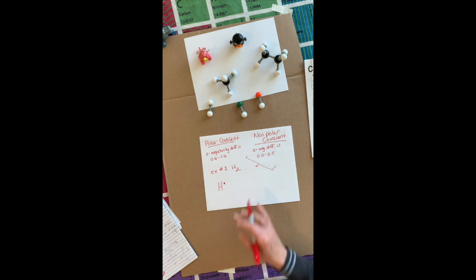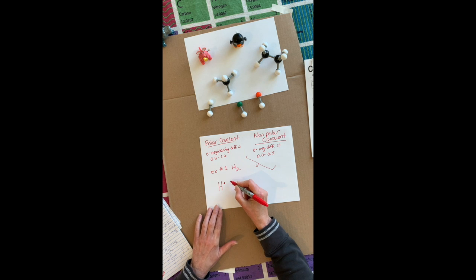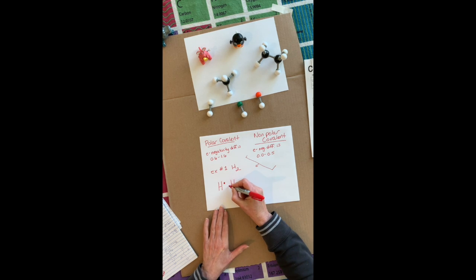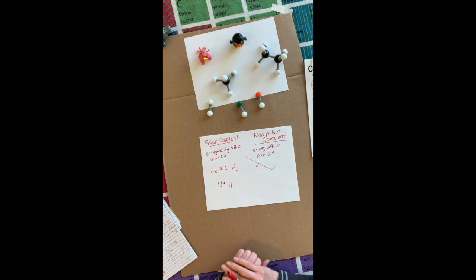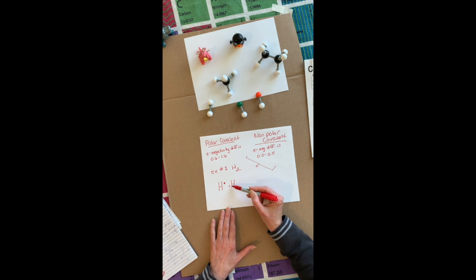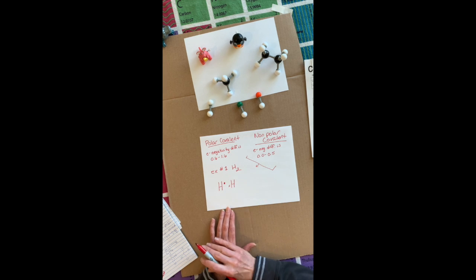Now, we have 2 hydrogen atoms involved in this bonding. So I'm going to draw the other hydrogen atom, and I could draw the electron as a dot, but I'm going to choose to draw it as a little X because I like to sometimes show that in this covalent bond, this hydrogen is going to contribute that little electron, and that hydrogen is going to contribute that electron.